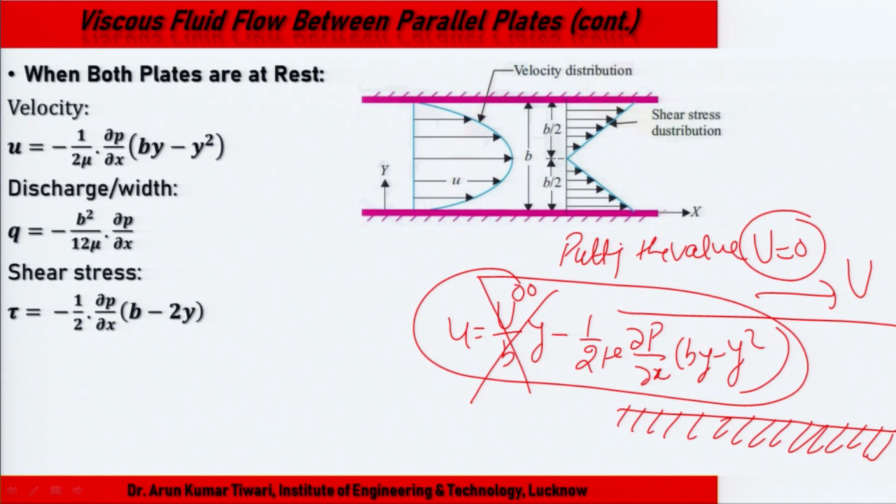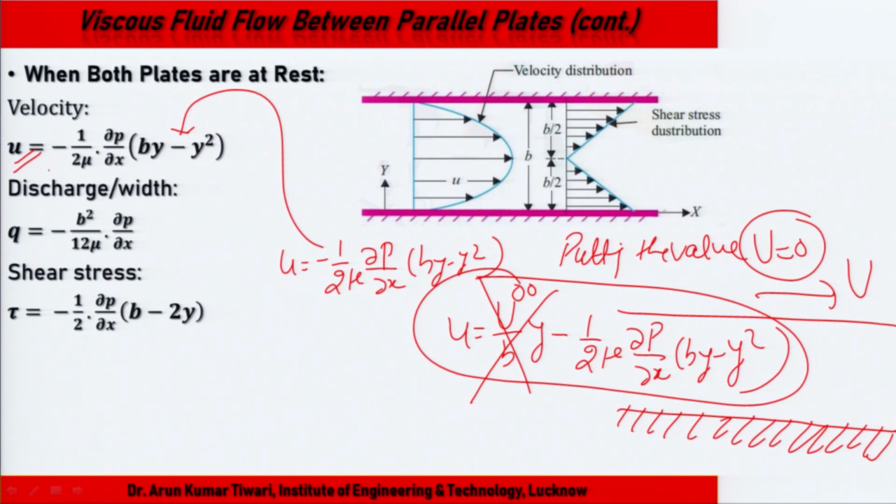So we get u equal to minus 1 upon 2 mu del p del x into y into (B minus y). This is the velocity distribution.